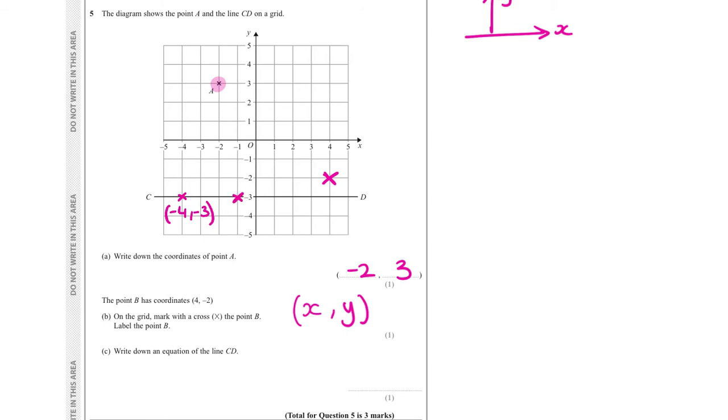Can someone tell me what's this point? -1, -3. Can someone tell me this point? 2, -3. What do we notice so far about all the points on this line? Our y coordinate is always -3. This is the line y equals -3. For any point on this line, my y always equals -3.